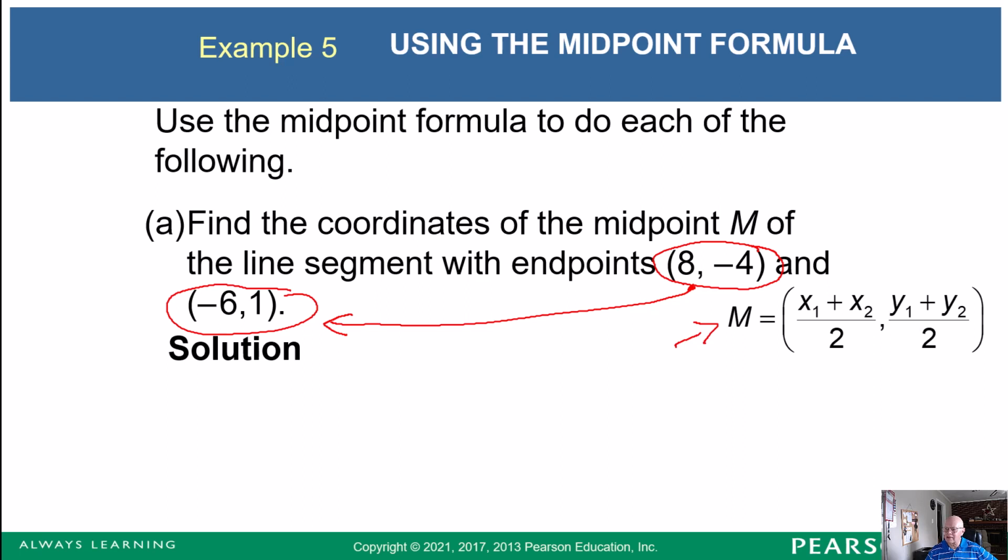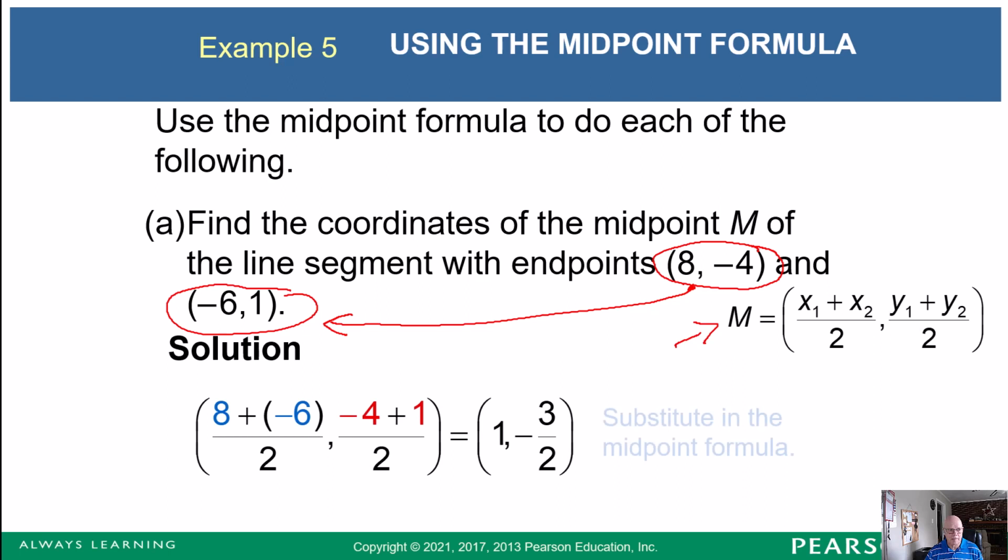Add the y coordinates, divide by 2. Remember, you don't subtract, you don't square, but you do divide by 2 for each one. And there's your midpoint. Halfway from here to here is that point right there. 1, negative 3/2, or 1, negative 1 1/2.